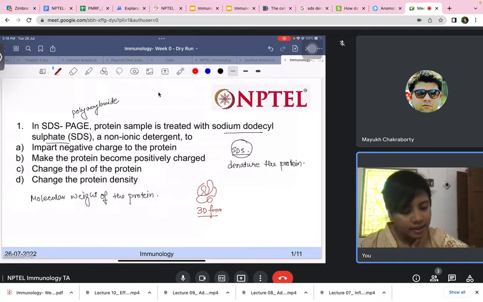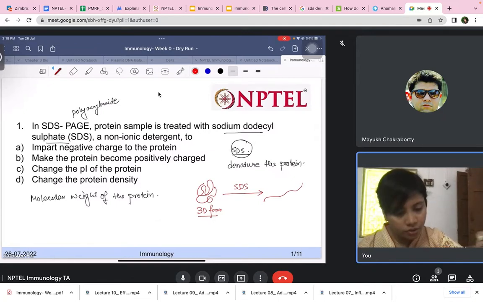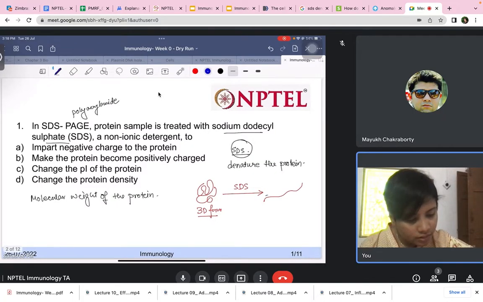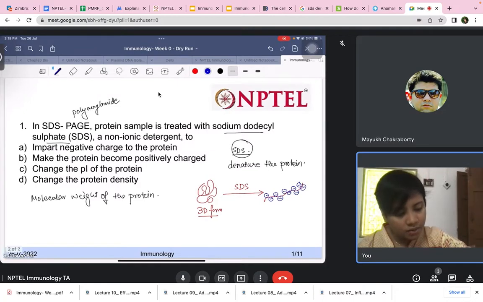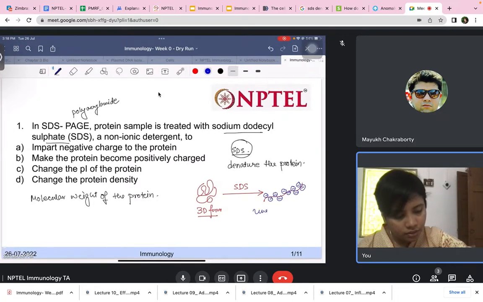So what SDS does here is that it linearizes the protein, and not only that, it imparts uniform negative charge to this linear protein molecule. And this is very important, uniform negative charge.